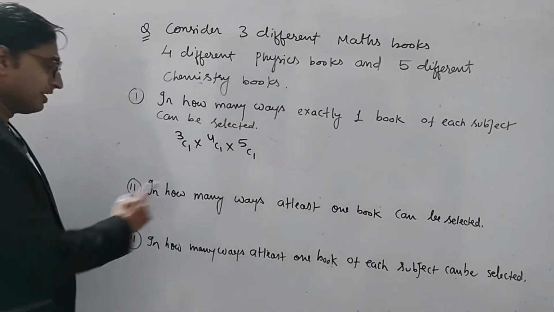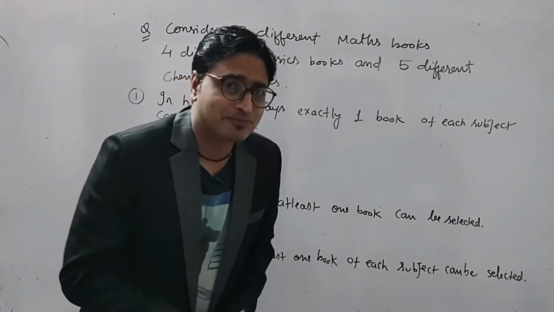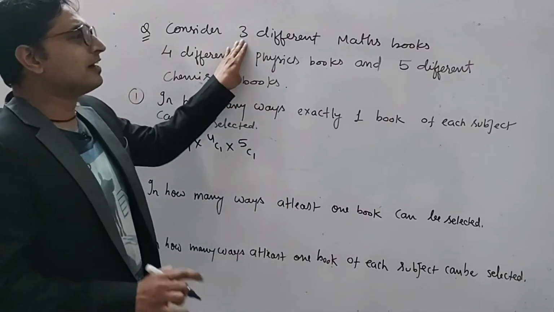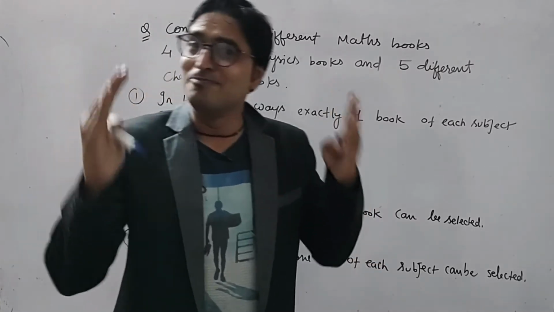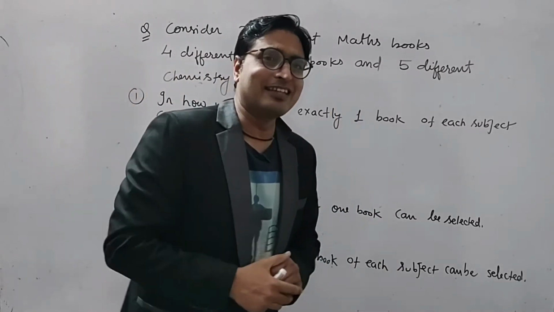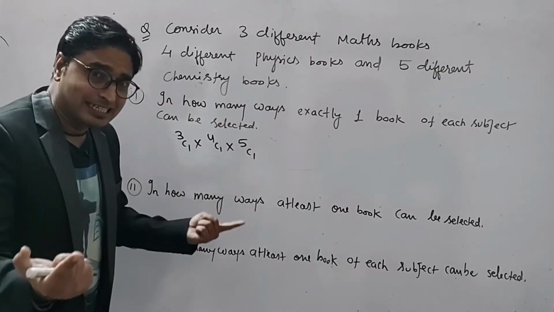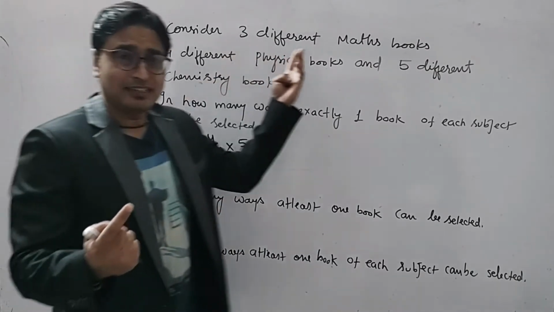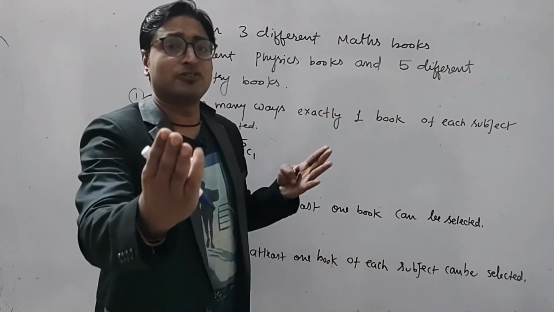Okay, now you have to select at least one book of each subject. Now there are 3 different books of maths. So out of 3 different books of maths, how can you select at least one book? You can select one book, you can select 2 books, you can select 3 books.